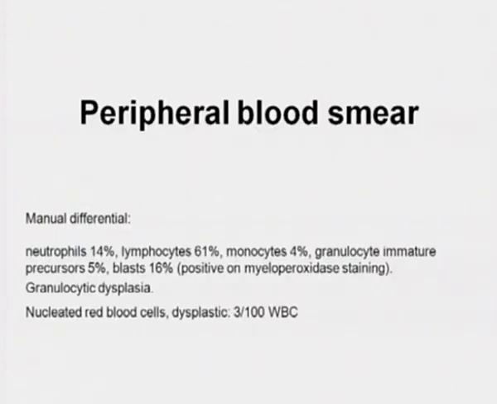The manual differential was neutrophils 14%, 61% lymphocytes, 4% monocytes, confirmed presence of immature precursors, 16% of blast cells positive on myeloperoxidase staining, granulocytic dysplasia, and circulating RBC.